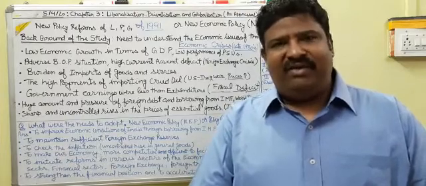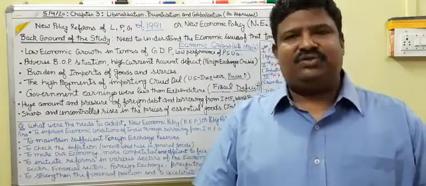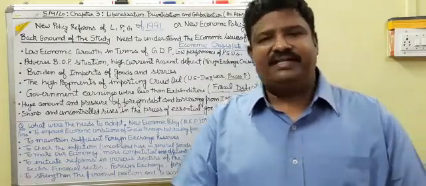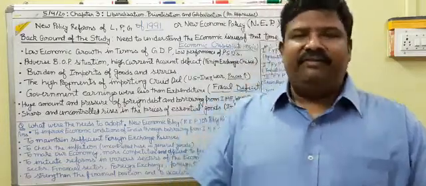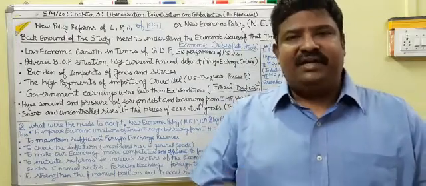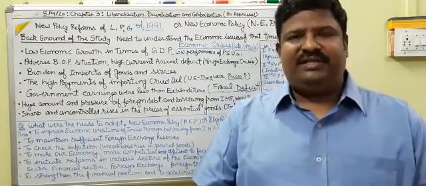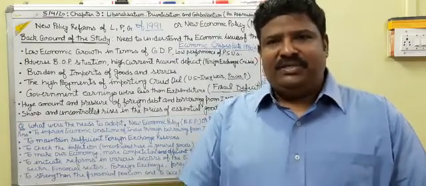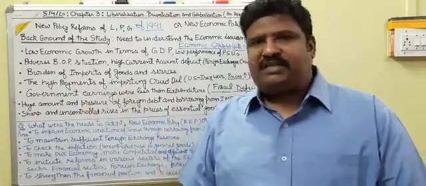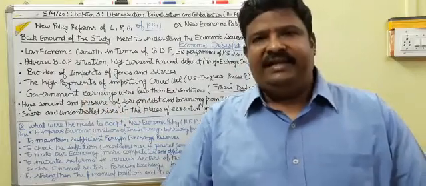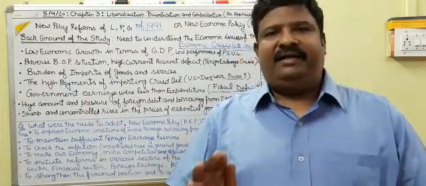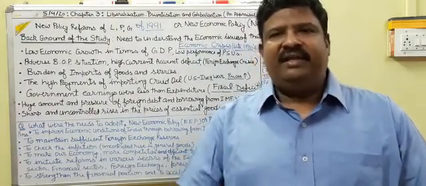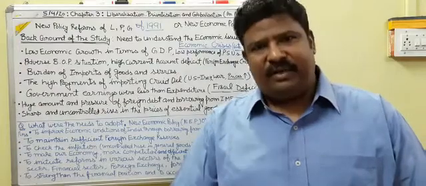In the second 5-year plan, which was mainly based on the PC Mahalanobis model, we gave emphasis to industrial development. And in the third 5-year plan, we started the green revolution, especially high yield variety seeds and new technologies. That era continued till 1990, till the 7th 5-year plan, and till then we had achieved a considerable and satisfactory economic infrastructure in our country.